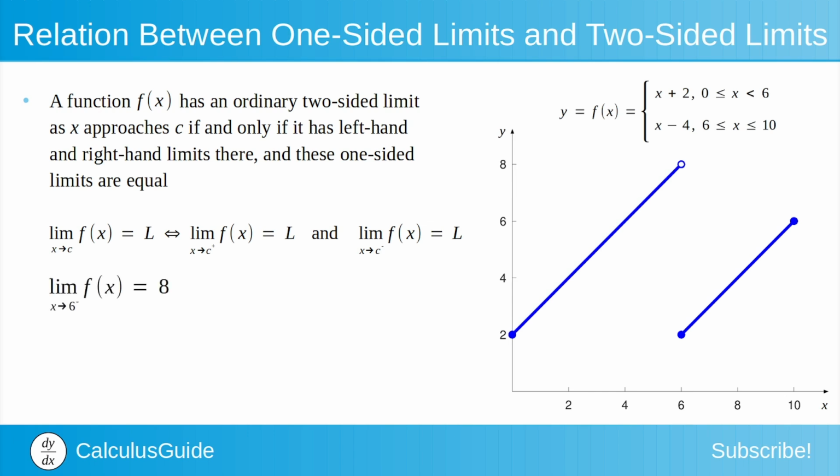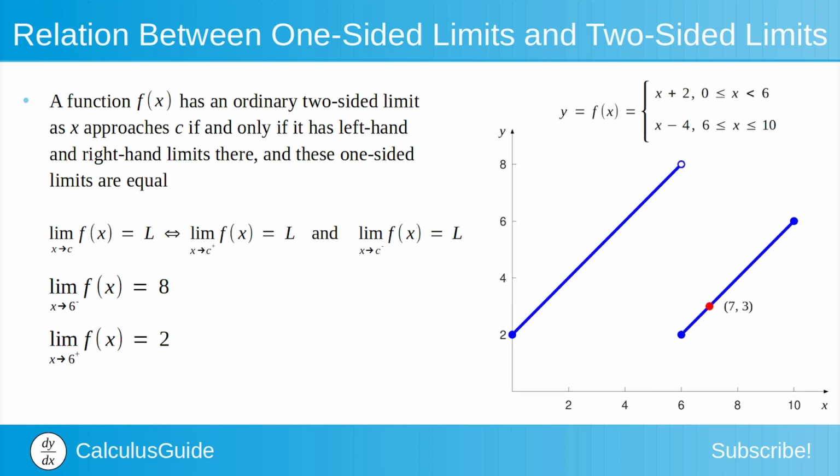This function f of x has left-hand limit 8 at x is equal to 6. As x approaches 6 from the negative side of 6, the value of f of x approaches 8. This function f of x has right-hand limit 2 at x is equal to 6.